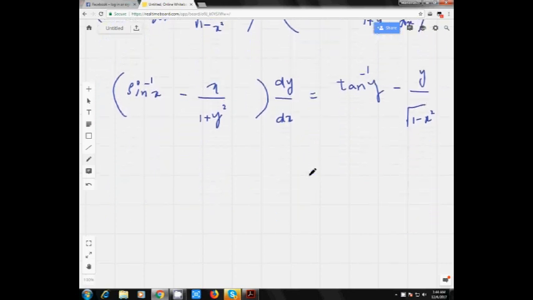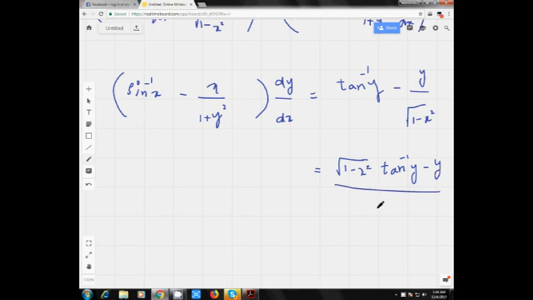Simplify it further. You might get square root of 1 minus x square. The LCM method has to be employed here. Tan inverse y minus y, whole divided by square root of 1 minus x square.